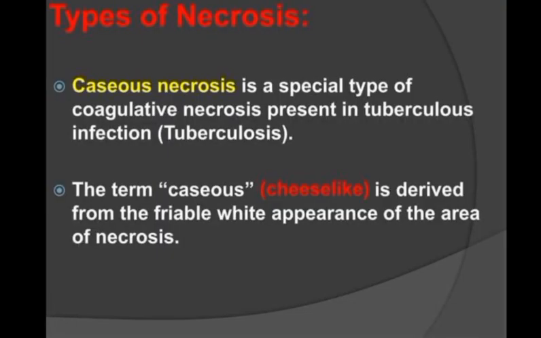The second is caseous necrosis, a special type of coagulative necrosis which occurs in tuberculosis. It has a cheese-like, fragile, white appearance in the area where necrosis happens.